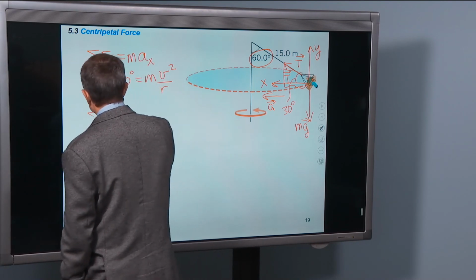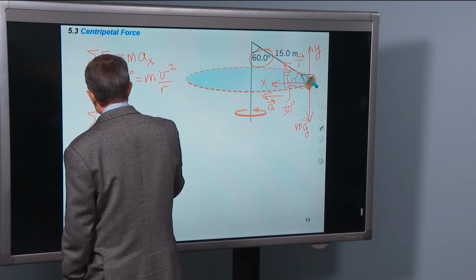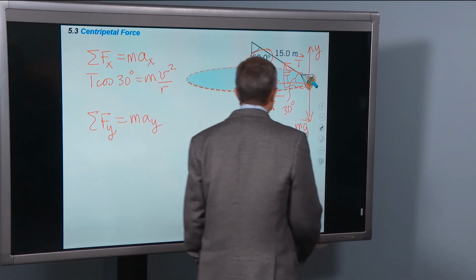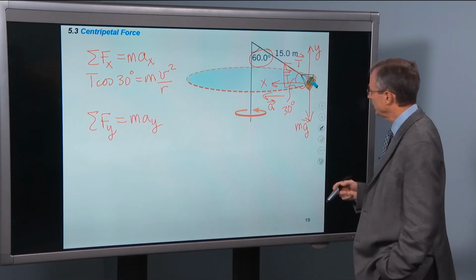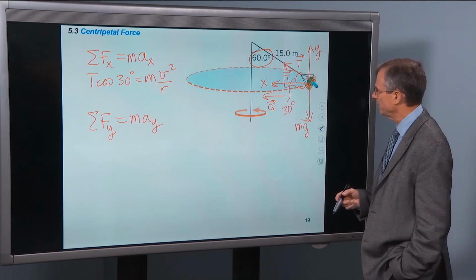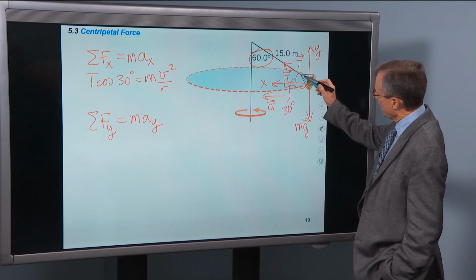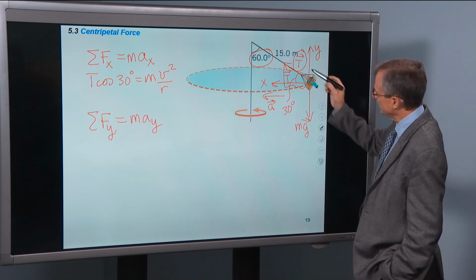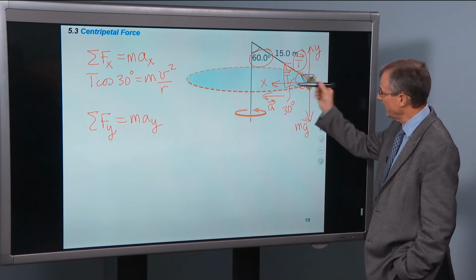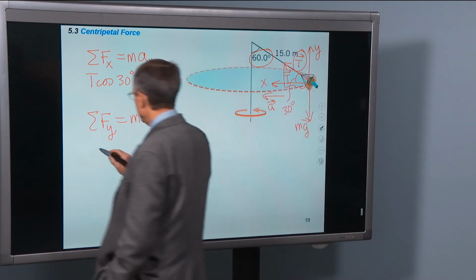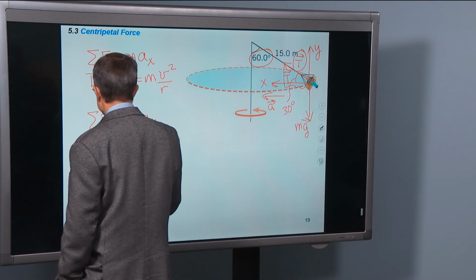Then the other main equation is sum of forces in the y direction is mass times acceleration in the y direction. Well, what's that? We need to know what the forces are in the y direction. Well, there's a y component of this tension because it's acting at an angle. It has both an x component and a y component. And that y component will be T sine theta.